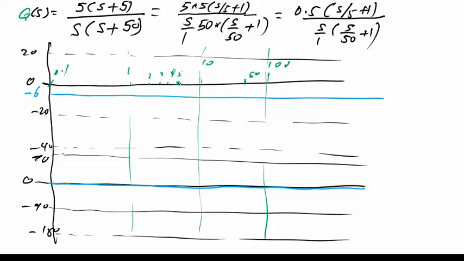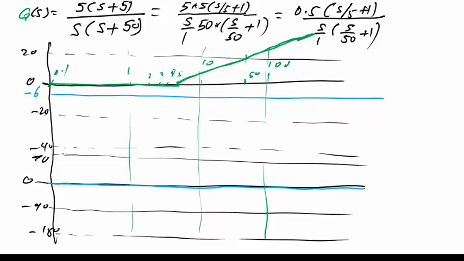Now the high-frequency slope: I connect the 5 and the 50, and this will be the slope. This is the high-frequency asymptote, and this is the low-frequency asymptote. Correct? 20 dB, yes, plus 20. Do you see this?